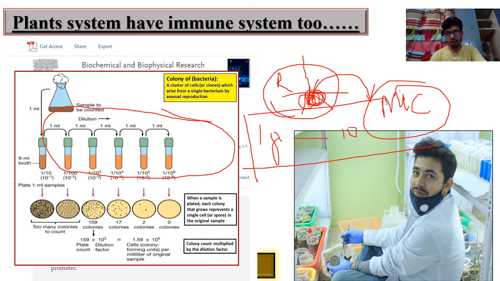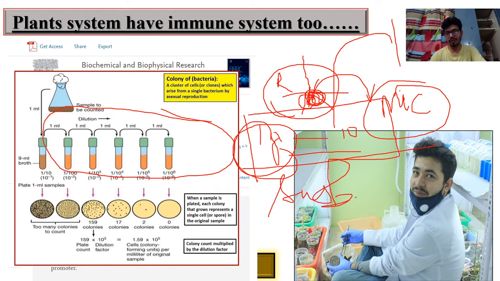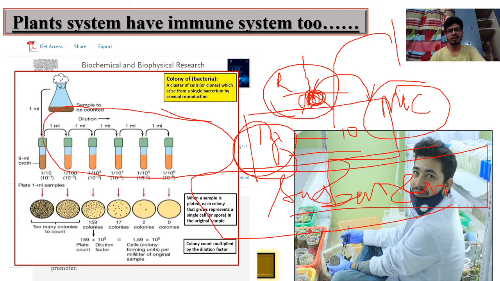This is 10 ml in total. For serial dilution, you take 1 ml of that solution, which is a suspension. Actually it is a suspension, colloidal or true solution, but I am not going to discuss that much.